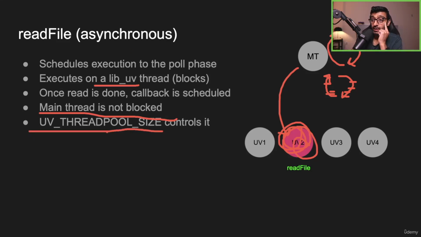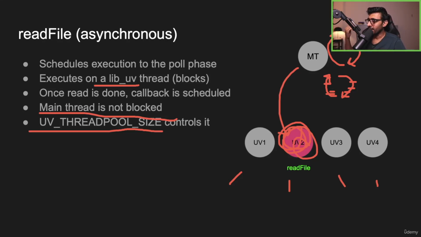We kind of talked about the UV thread pool. By default, it's 4 threads, and you can increase it. So watch out when you do a lot of asynchronous readFiles, and also if you're doing DNS, even if you don't know about it.